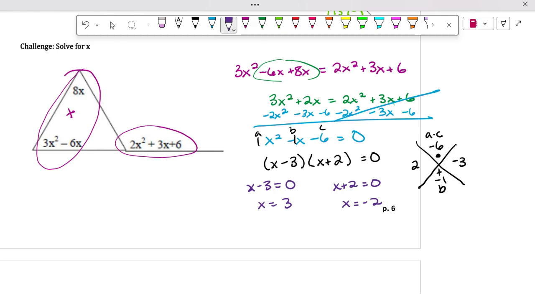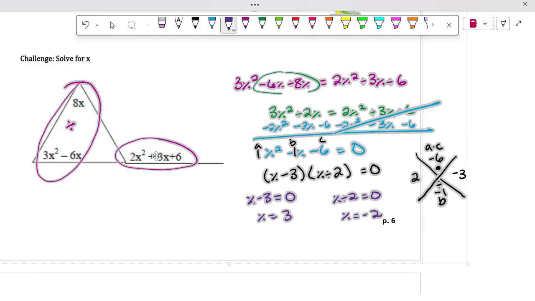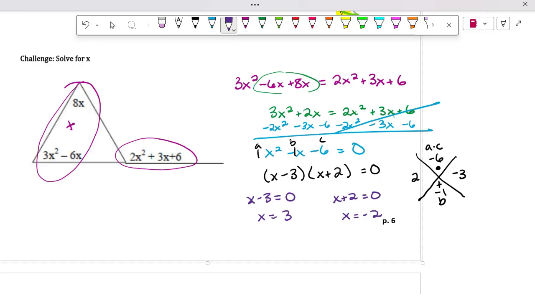Now, we're not quite done yet because we need to check and make sure that there's nothing weird. So we don't automatically want to throw out the negative, because if we plug it back in for x, it may still give us a positive angle measure. But we've got to make sure that's true for all angles. Which angle measure that contains an x do you think will be affected by that negative and remain negative?